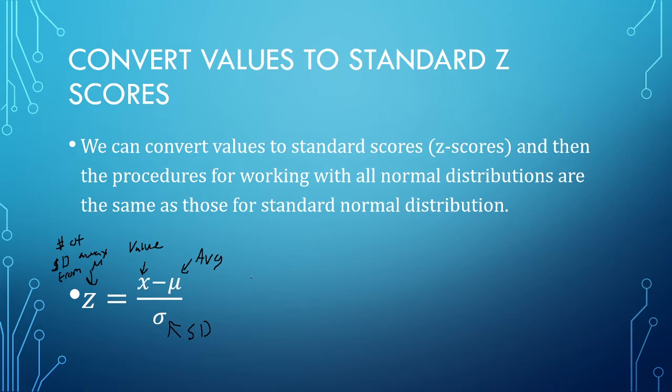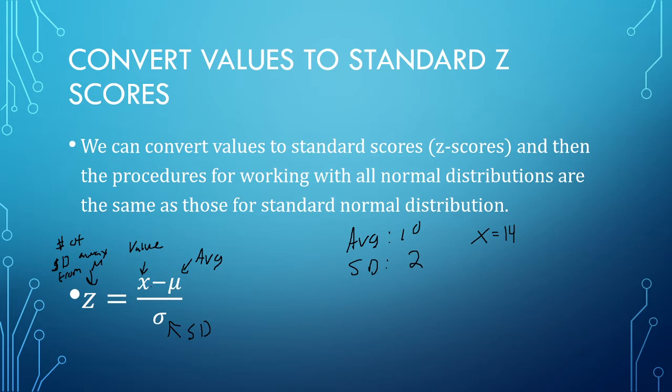So just to give you a real easy example, if I say the average is 10 and the standard deviation is 2, and I ask how many deviations away from the average is the value of 14?